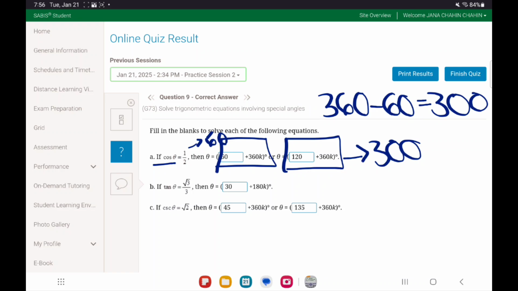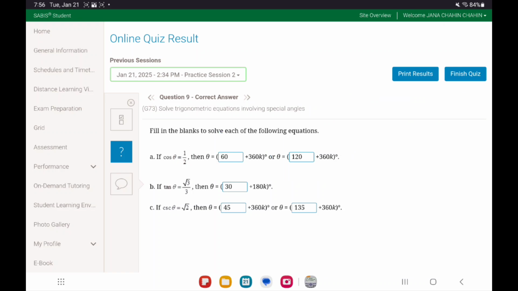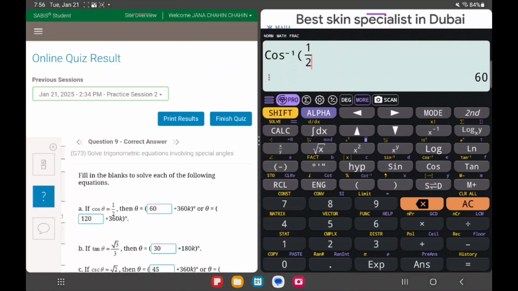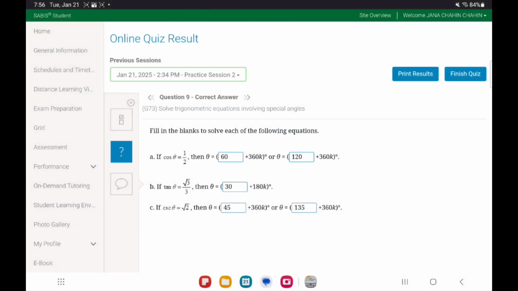Now, tan x equals radical 3 over 3 is 30, okay? That's how you find that part. It's super simple, okay?